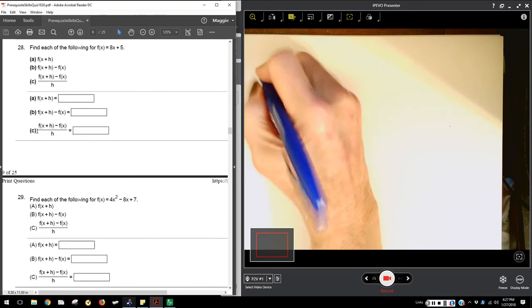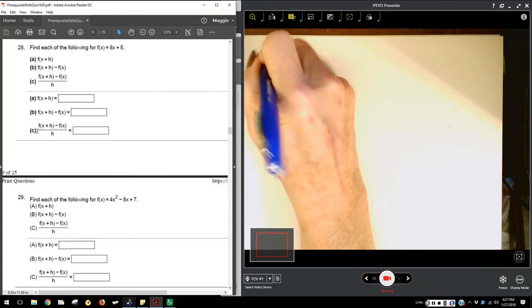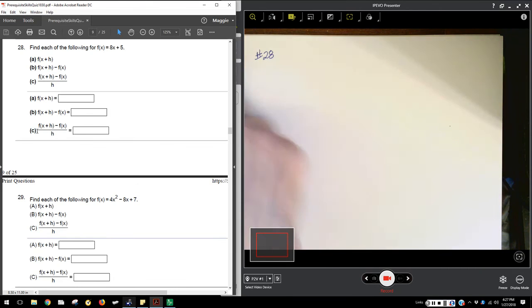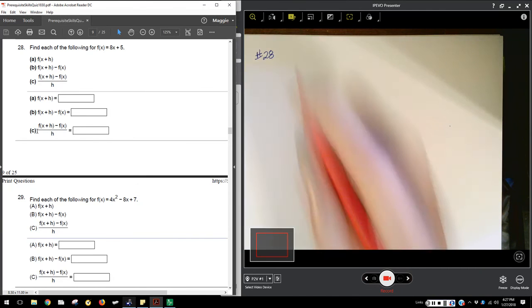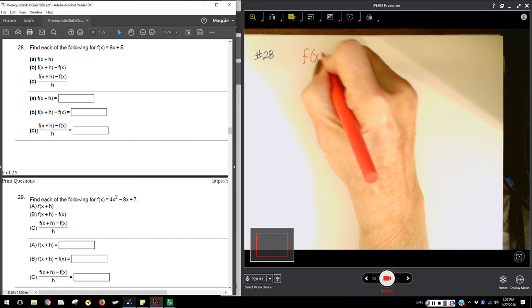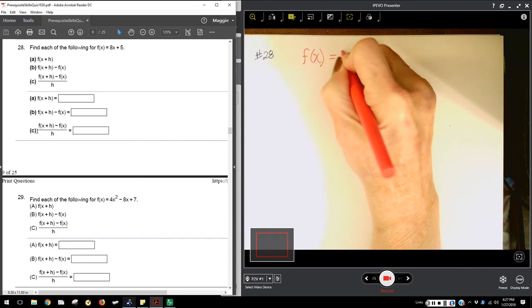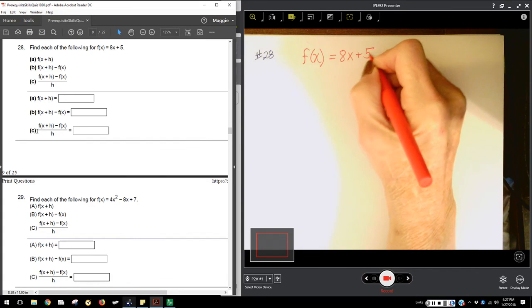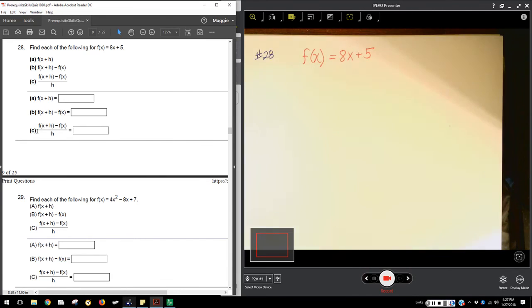So in number 28, my given function is f of x is 8x plus 5. And part A wants me to find f of x plus h.